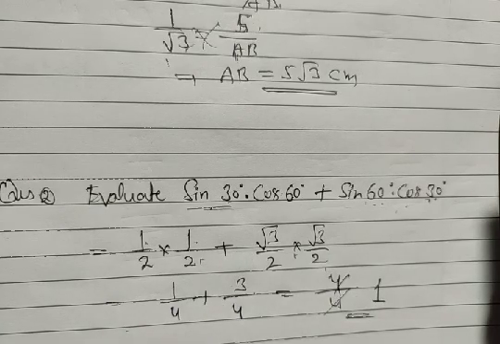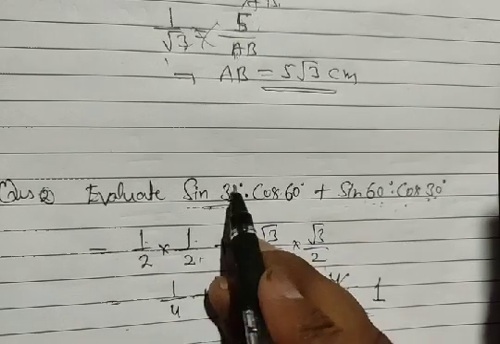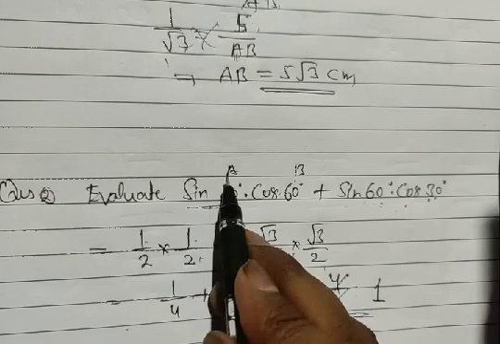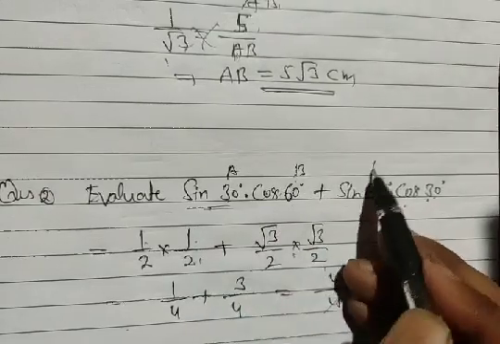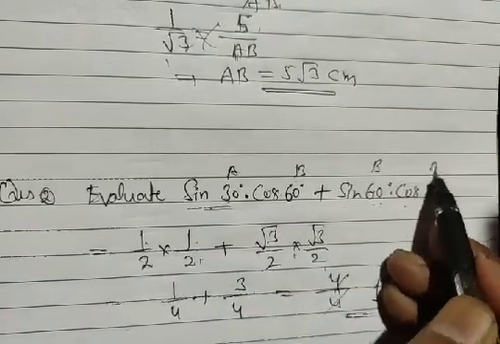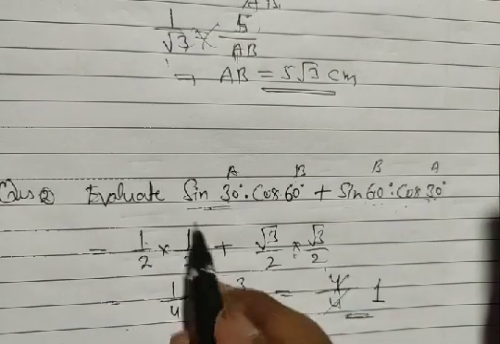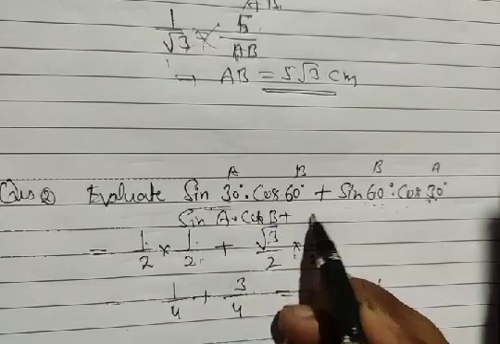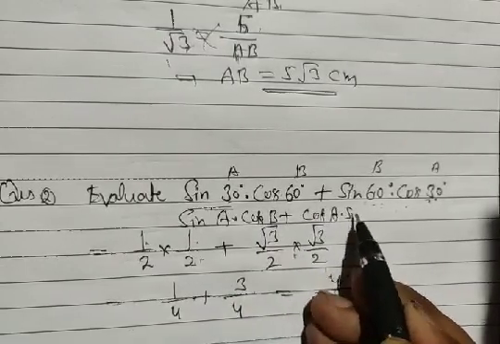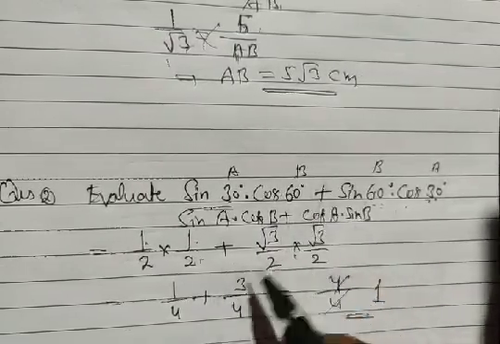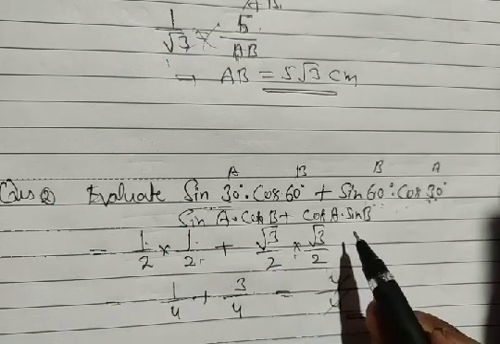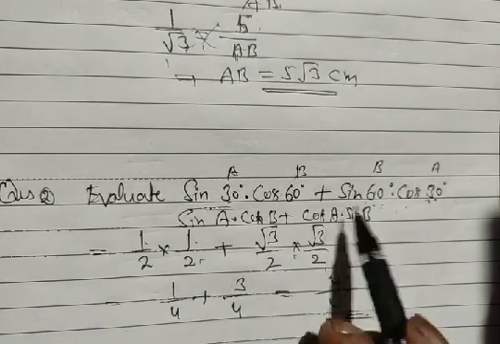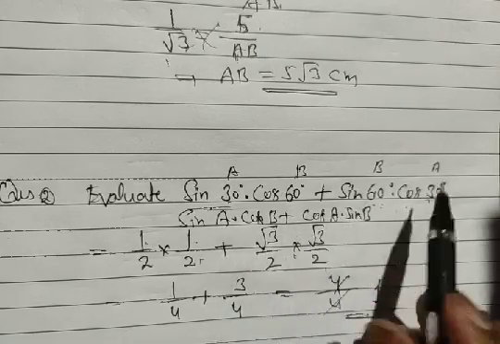Look, if we take sine 30 as A and cos 60 as B, then it is sine A into cos B plus sine B into cos A, that is, sine A into cos B plus cos A into sine B. In your earlier classes, if you take mathematics in class 11, you find it is one of the identities.